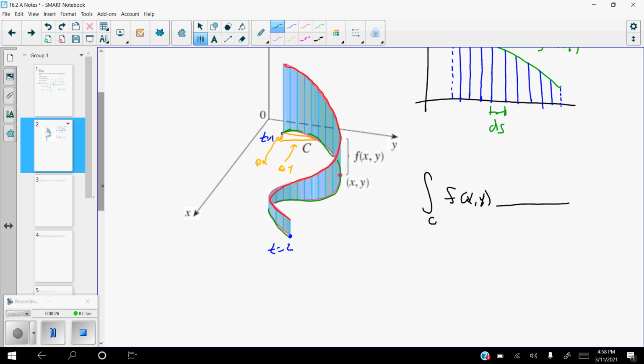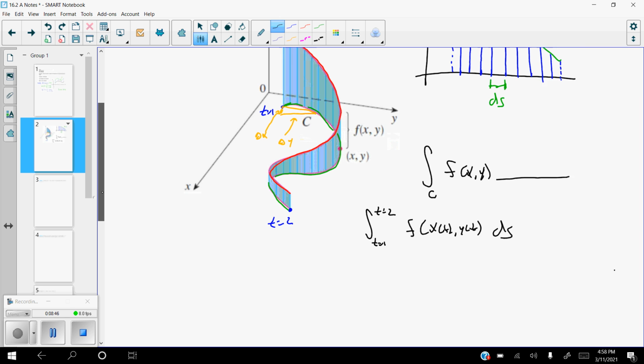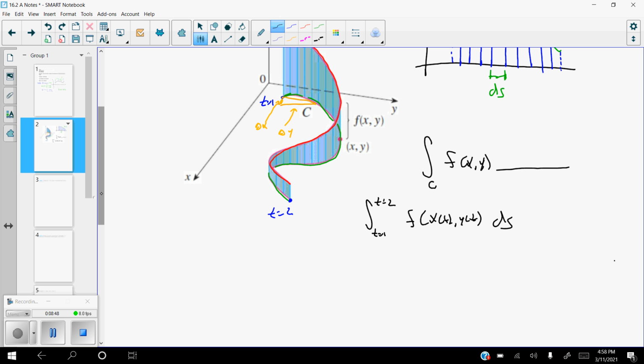We're going to have to put this into parametric form. So we're going to go from t equals 1 to t equals 2 of some function of x of t, y of t, ds.